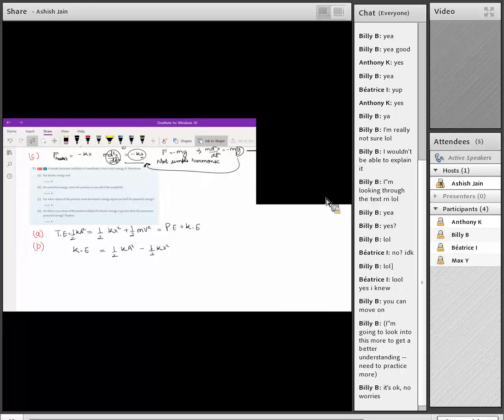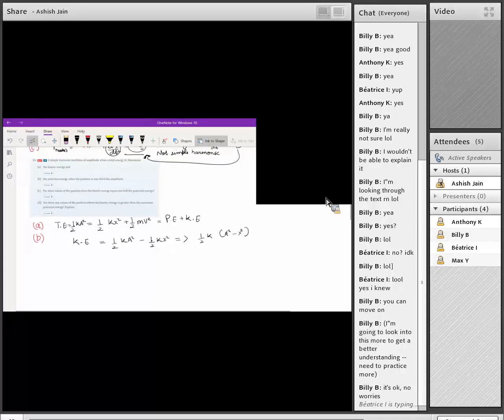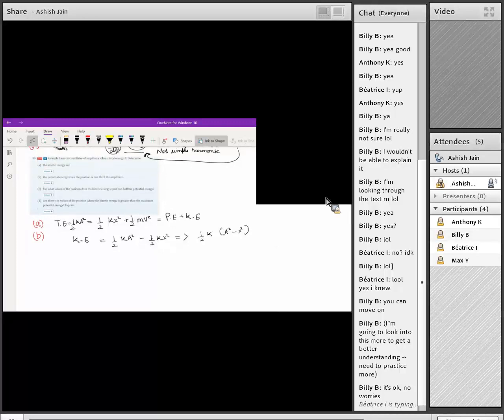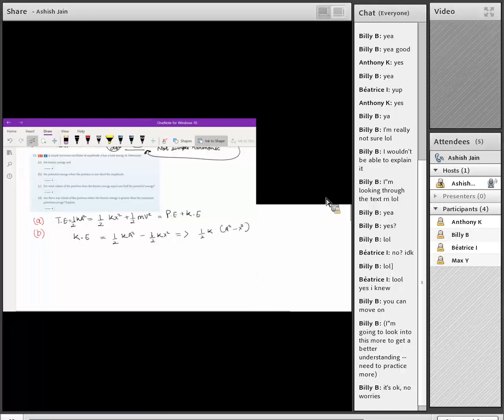You remember this formula, right? I can derive it for you if you want. It's just total energy is the sum of potential and kinetic, and for a simple pendulum it is half ka square. As simple as that.